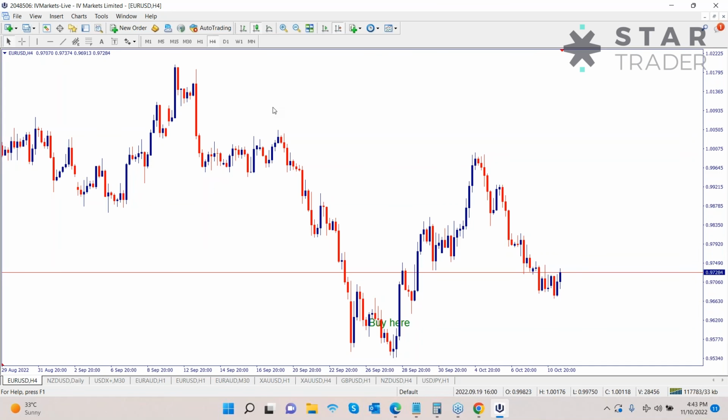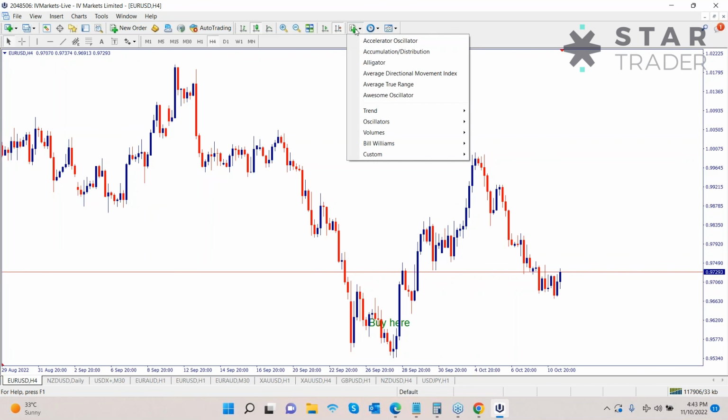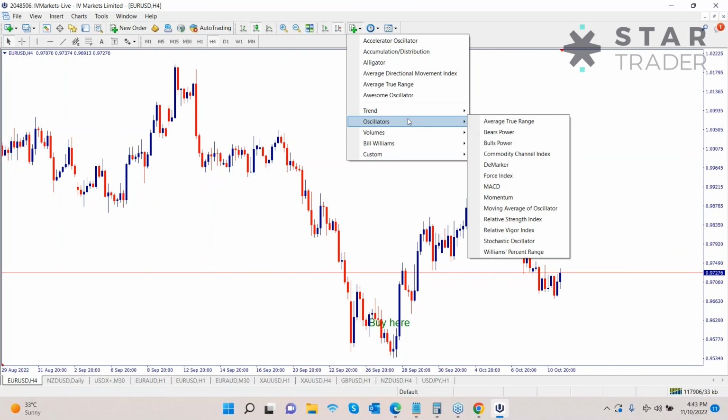To apply an indicator, simply, as you can see here, this is the indicator list. This is the EURUSD chart, and I am going to apply the indicator on this chart. If you drop down this list, there are a lot of indicators. As you can see, there are thousands of indicators in MT4.